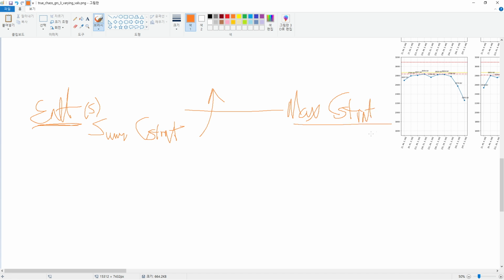if the maximum constraint is set to 18,000, alright?